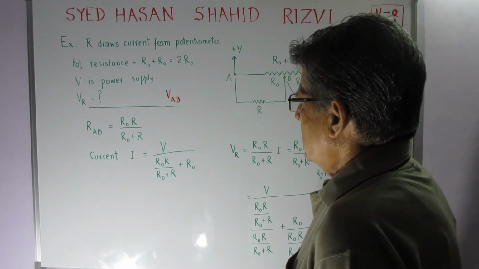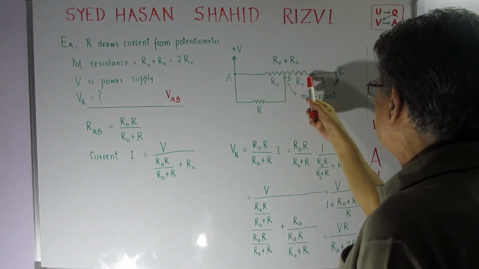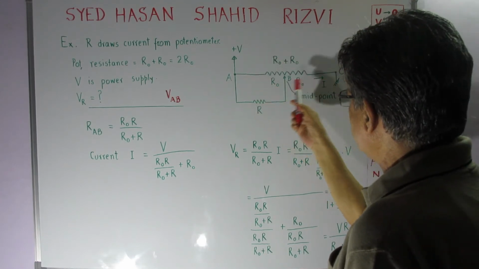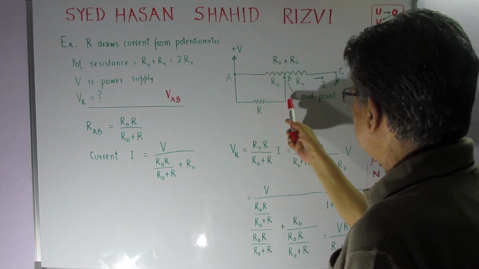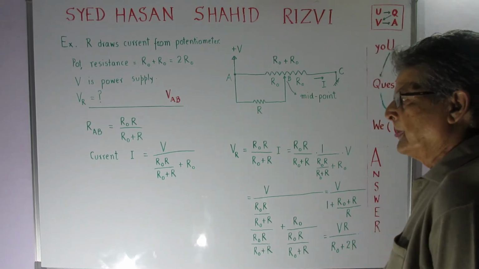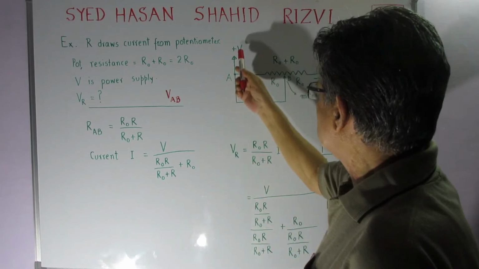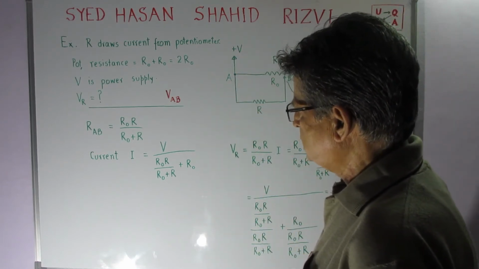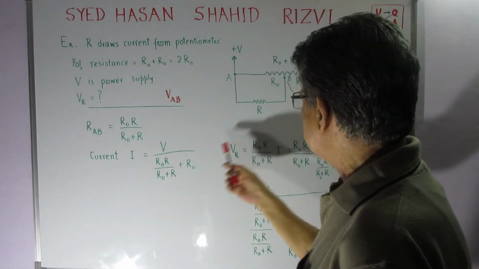And the current which passes through it, which I have shown deliberately over here, because some part of this current will flow through this part and some will flow this way, and then from here to here it will become equal to I. So the current is equal to the power supply voltage V divided by the parallel combination resistance plus R0.